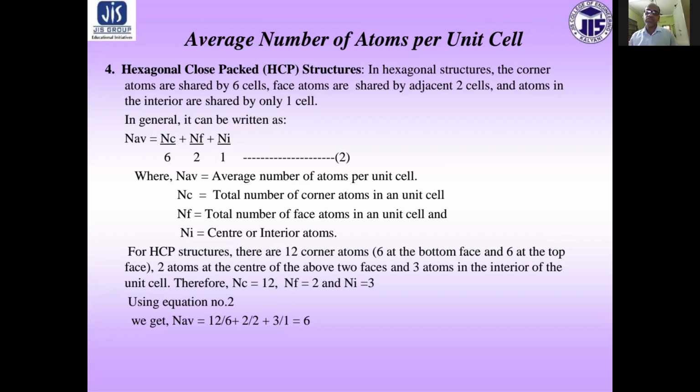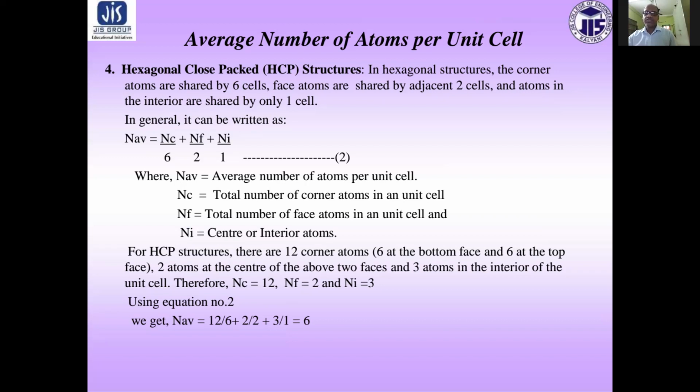So here the equation becomes: average number of atoms per unit cell equals NC by 6, the total number of corner atoms by 6, plus NF by 2, the total number of face atoms in a unit cell by 2, plus NI, the center or interior atoms.